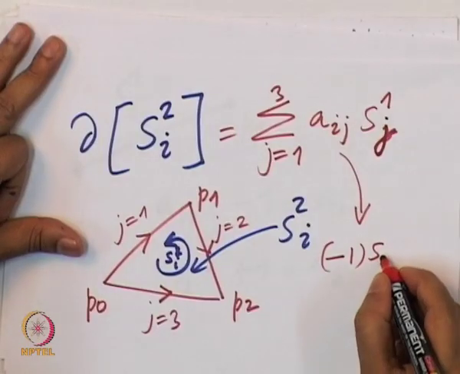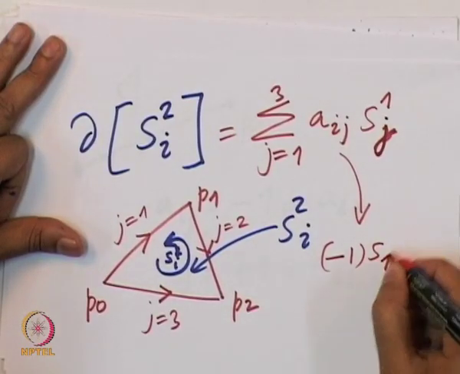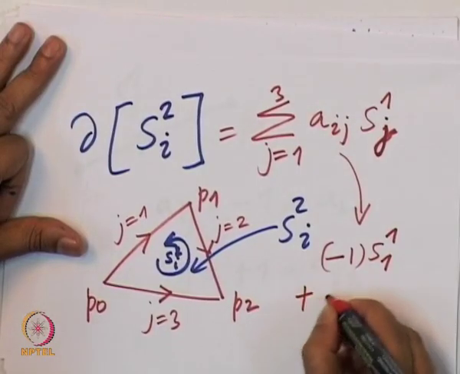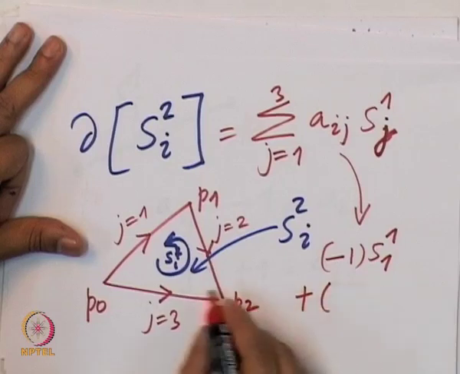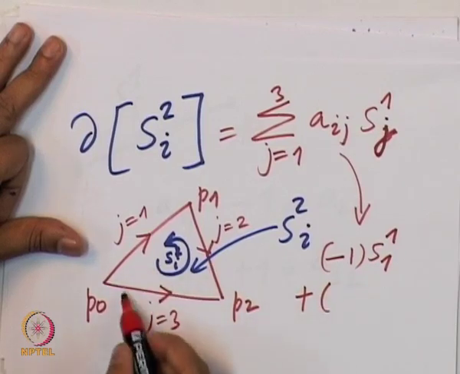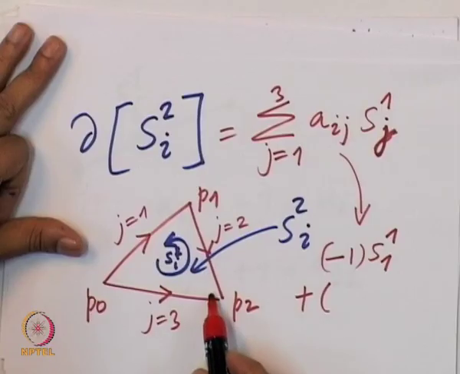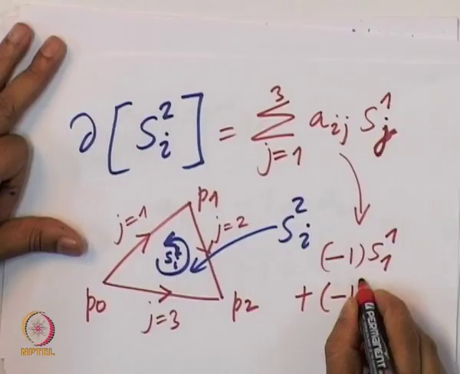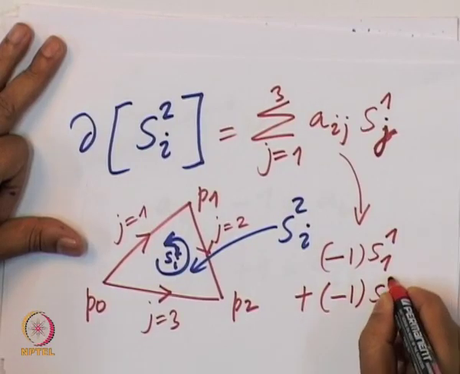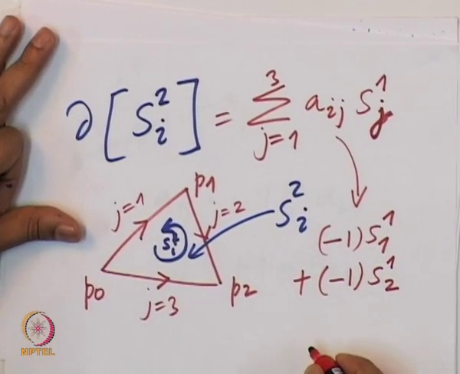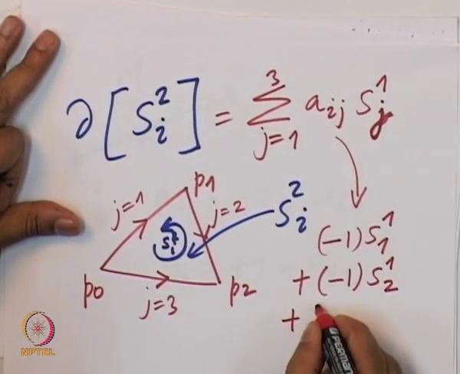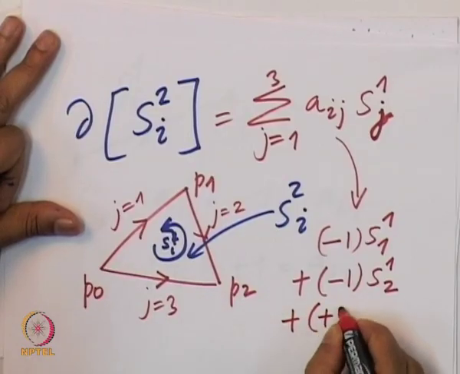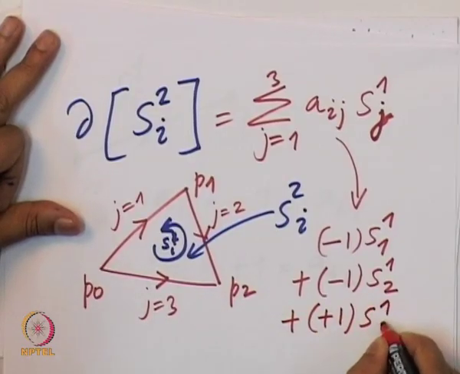So the first component will be S1 1. The second component is in this direction, so it is also in the opposite direction to the orientation. So this will also be minus 1 S1 2. And the third component is in the same direction, so we will have plus 1 S1 3.